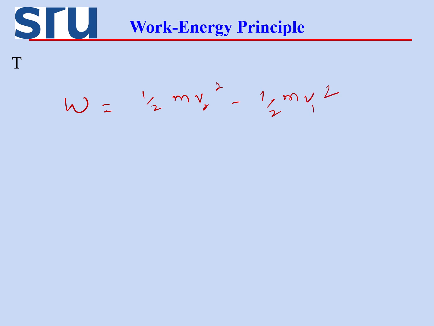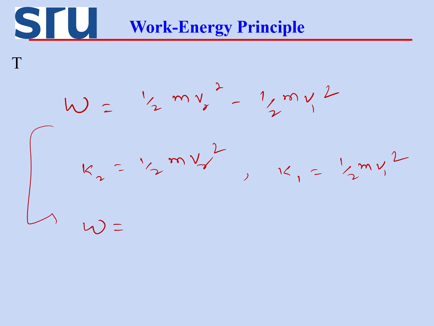So consider this K2 equals the final kinetic energy, half m v2 square, and K1 is the initial kinetic energy, half m v1 square. Therefore the work energy is written as K2 minus K1.